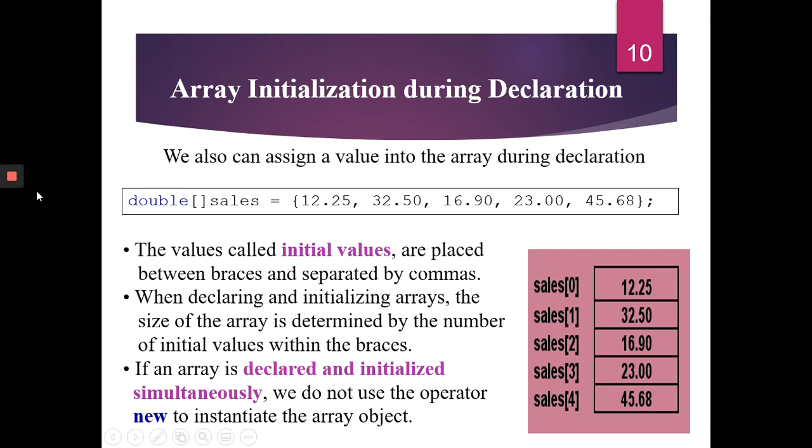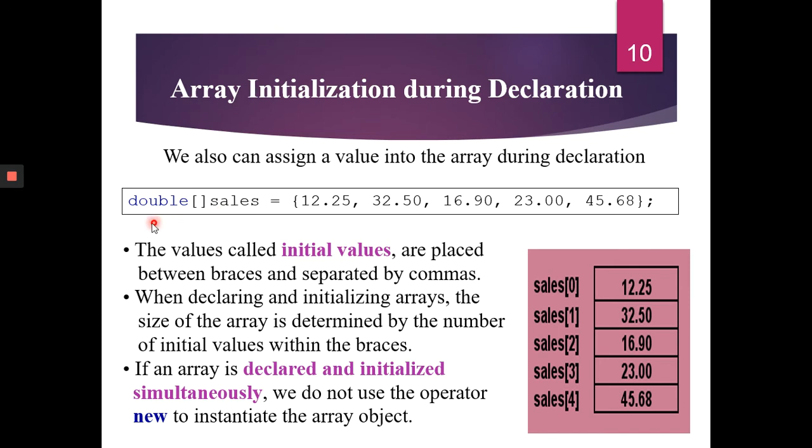Next is how to initialize array during the declaration. So meaning you can declare and initialize the value directly together. Okay, this syntax will be useful when you already know what are the values that you're going to keep in the array.